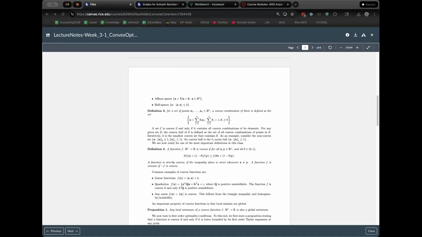Just like in two dimensions the equation of a line is a1 x1 plus a2 x2 equals something, ax plus by equals c. In higher dimensions, the corresponding thing to a line is a plane. So if instead of less than or equal to you put equal to, you get a line or a plane. And a half space is everything on the plane plus everything either above or below, depending on whether you put greater or equal to, or less or equal to.